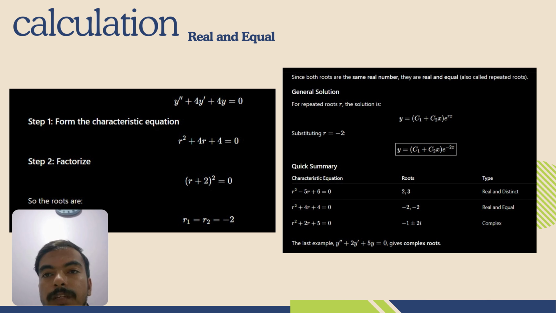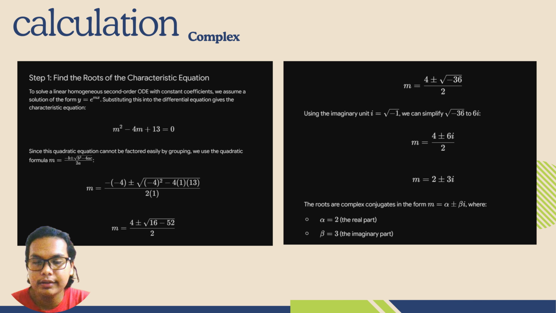So we will look at the example of calculation for the complex root questions. First of all, we will look at the question, which is m power of 2 minus 4m plus 13 equals to 0.